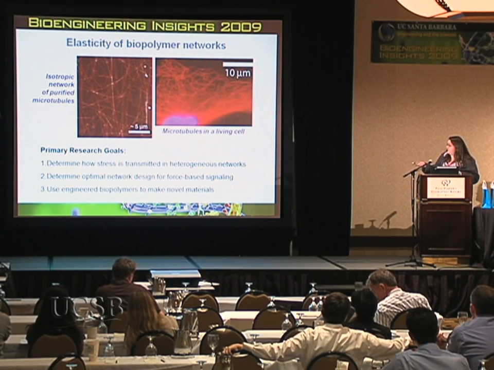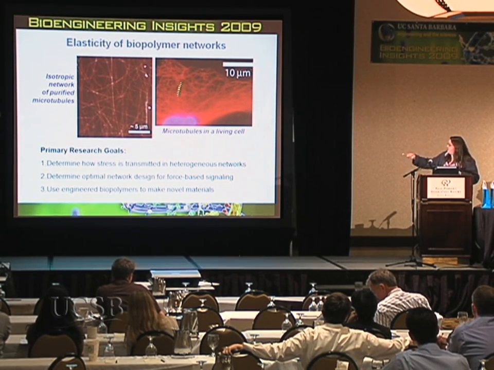I would argue that force gradients and strain gradients carry information. If we understand the properties of networks that optimize the transmission of stress and force, then we will have a much better understanding of how that force might be converted into chemical signaling or electrical signaling.